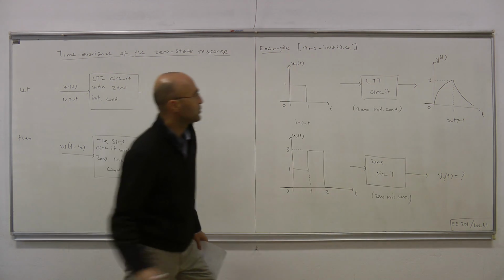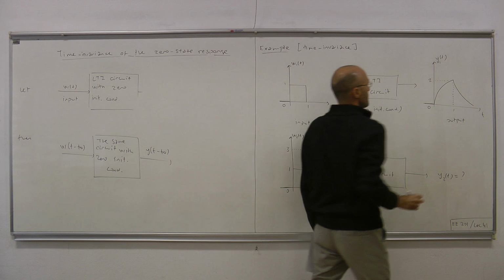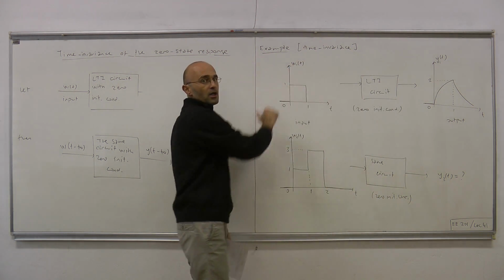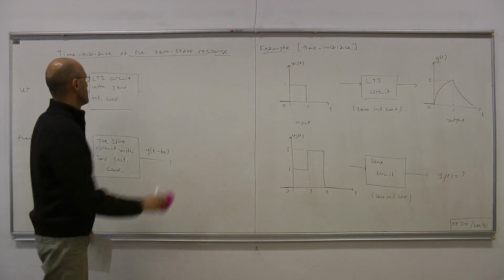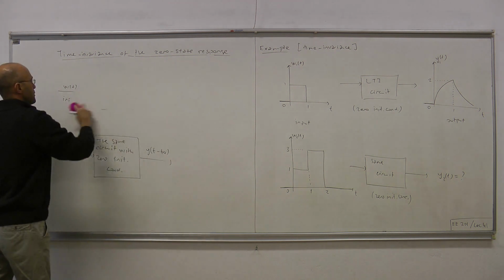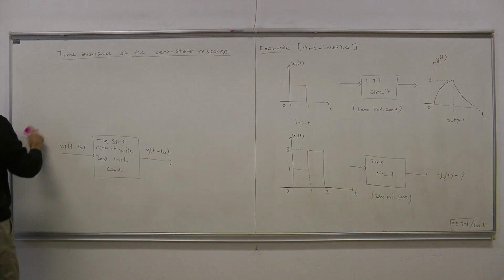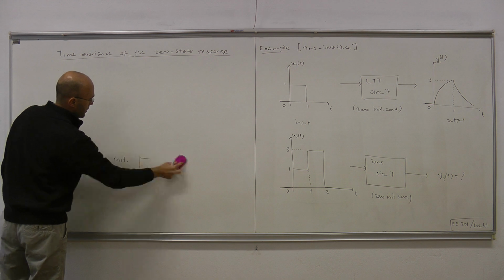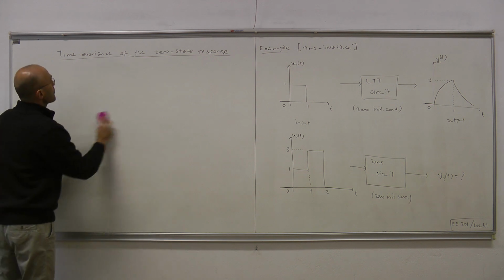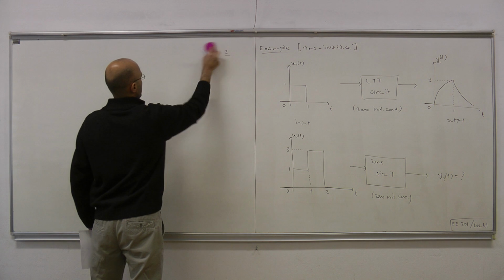This output is y1, the output corresponding to input w1. So let's use time invariance and homogeneity and figure out what y2 of t would look like.